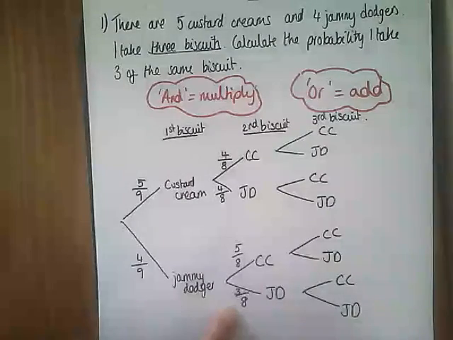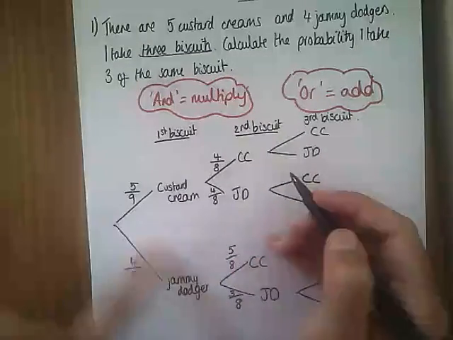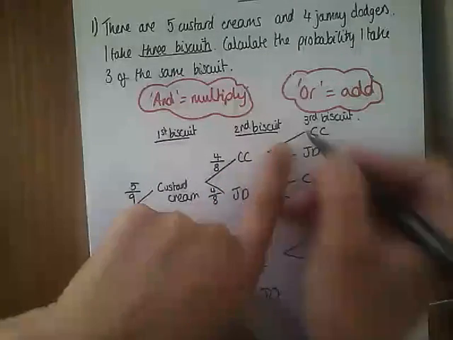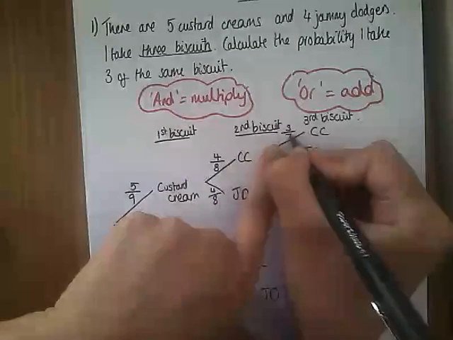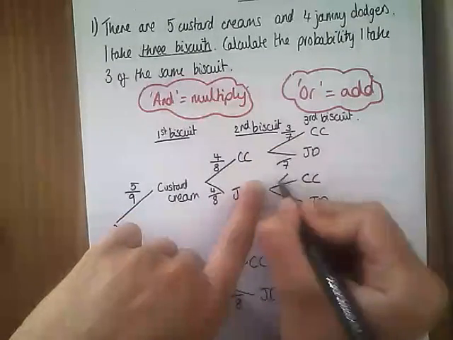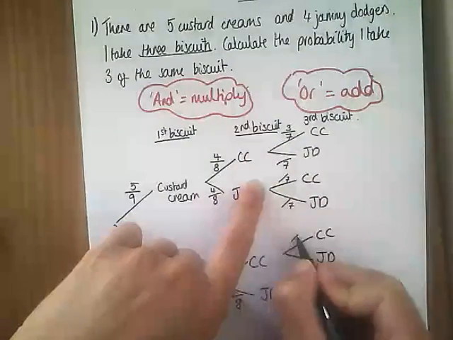If I've taken a custard cream and then another custard cream, there will only be 3 custard creams left and only 7 biscuits in total. So all of these third ones are going to be out of 7.